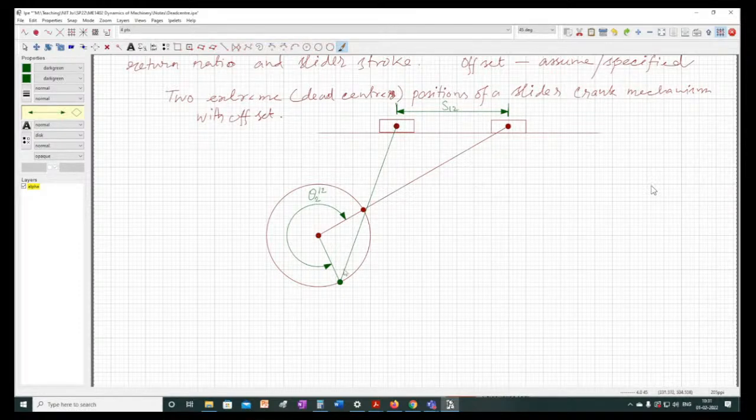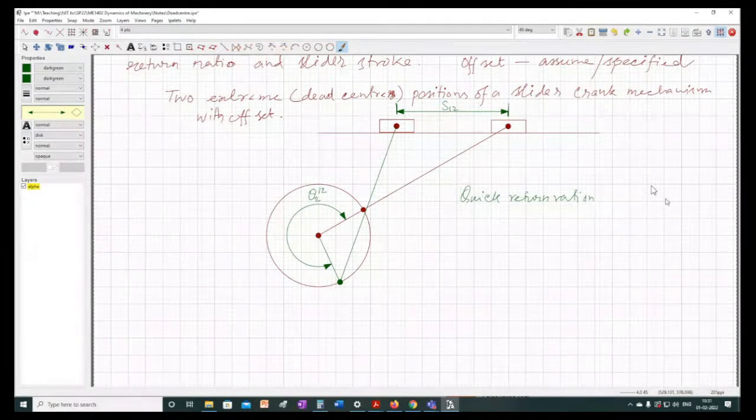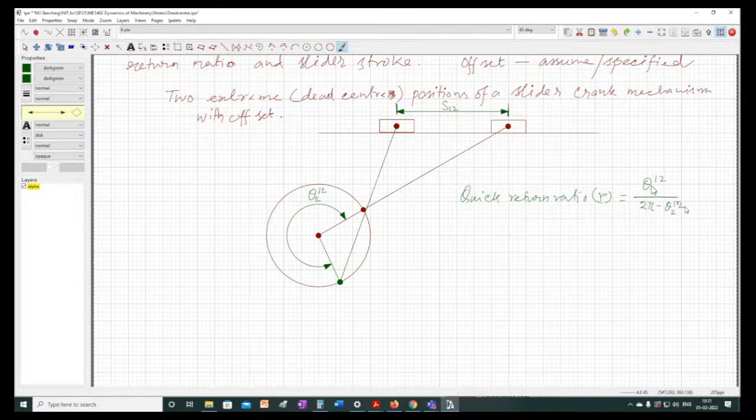This motion is for this angle. So actually the quick return ratio R is defined by theta 12 divided by 2 pi minus theta 12.